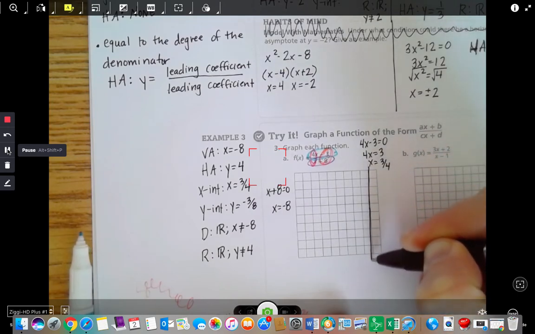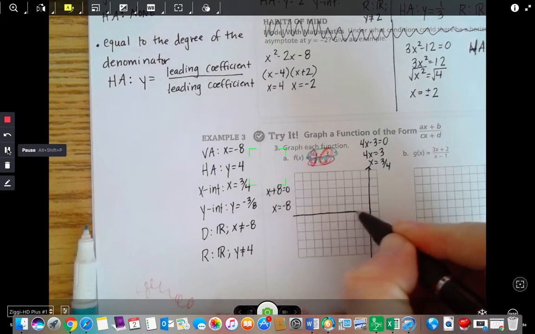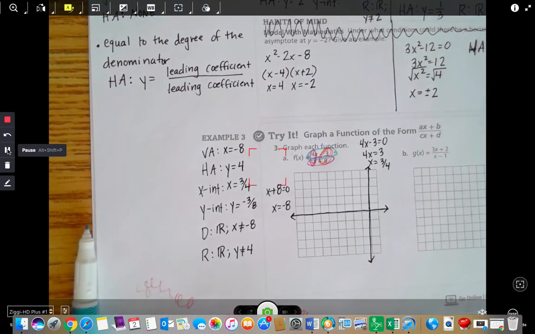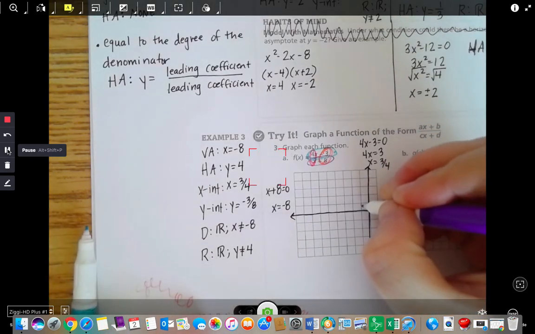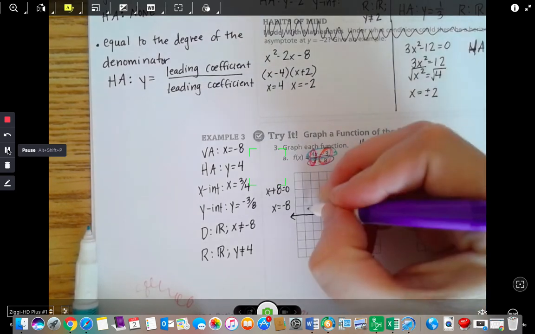I'm actually going to come way over here and draw my y-axis so that we can draw our asymptotes on here. Vertical asymptote is at x is equal to -8. So 1, 2, 3, 4, 5, 6, 7, 8.